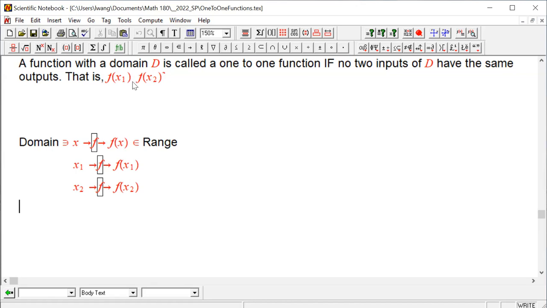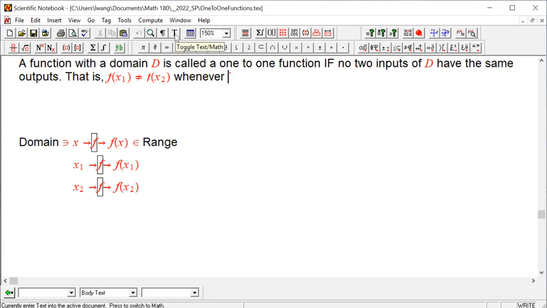So that's what it means. That is, these two will not be the same whenever. What does whenever mean? Always. Whenever your inputs are different, your respective outputs are different too.